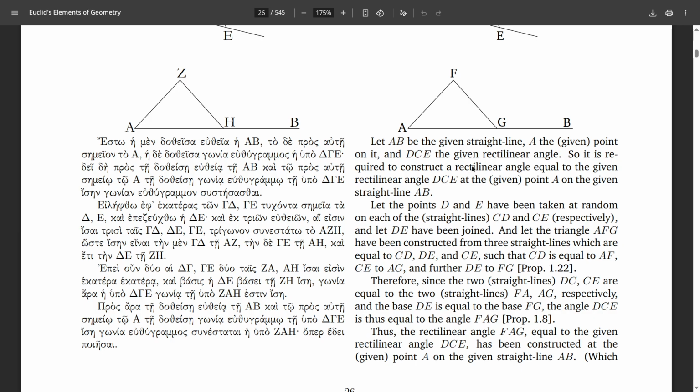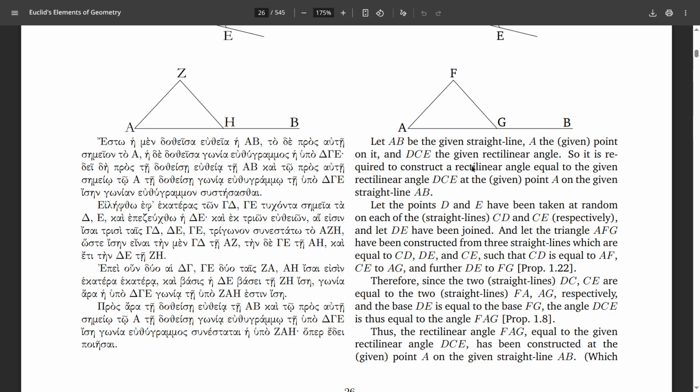The two straight lines DC and CE are equal to two straight lines FA and AG respectively, and the base DE is equal to the base FG. The angle DCE is equal to the angle FAG.